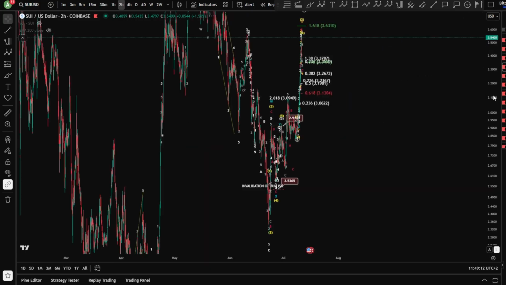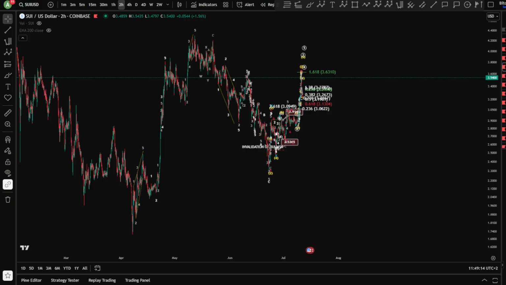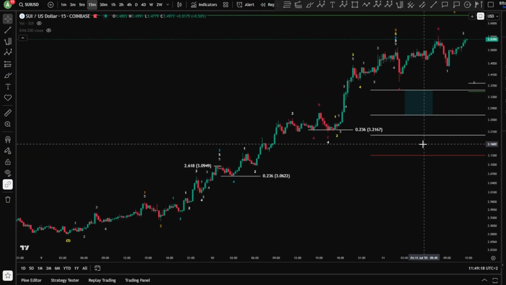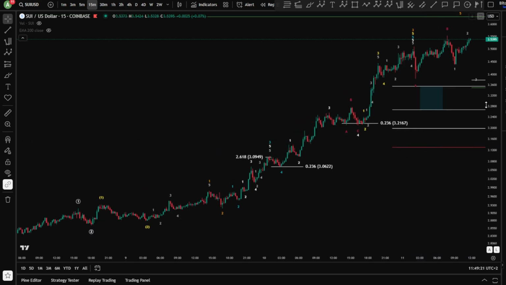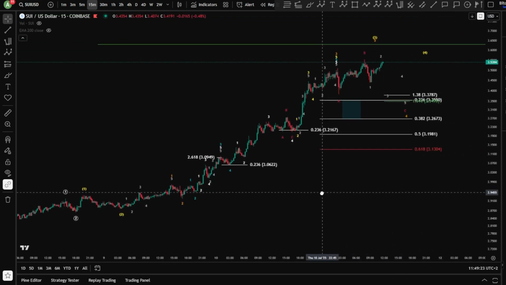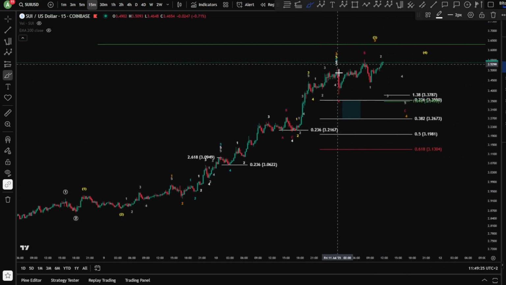Let's move to SUI. So for SUI right now on the micro level, sorry for the overwhelming micro level here, but basically on the micro level as well, I don't see yet, of course, a finished correction here.